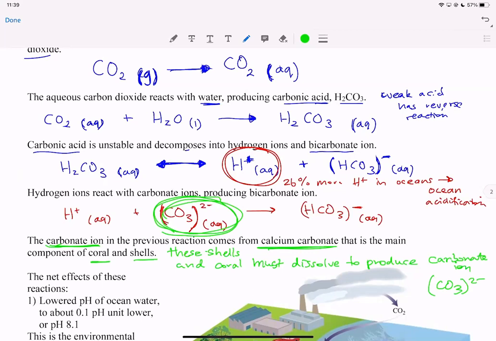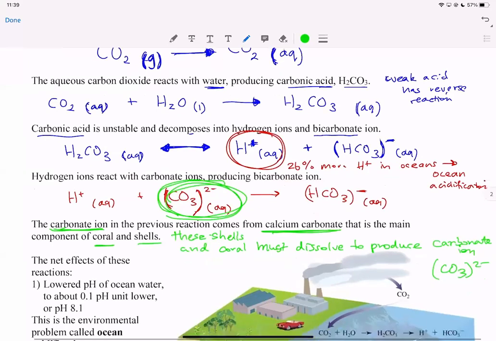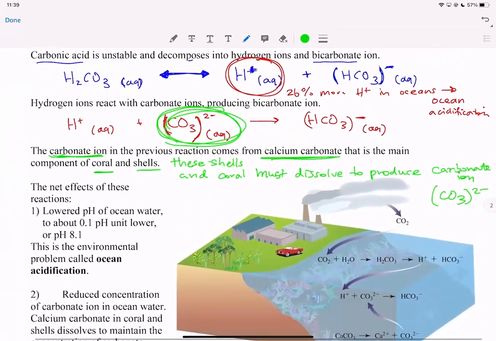But the ocean did not intend for humans to spend 200 years kicking out carbon dioxide into the atmosphere. So the net effect of all these reactions is a lowered pH of the ocean to about 8.1 from the original 8.2. That's called ocean acidification, okay?